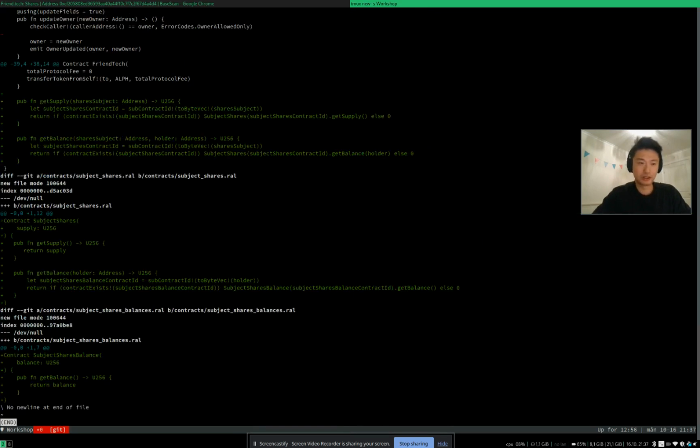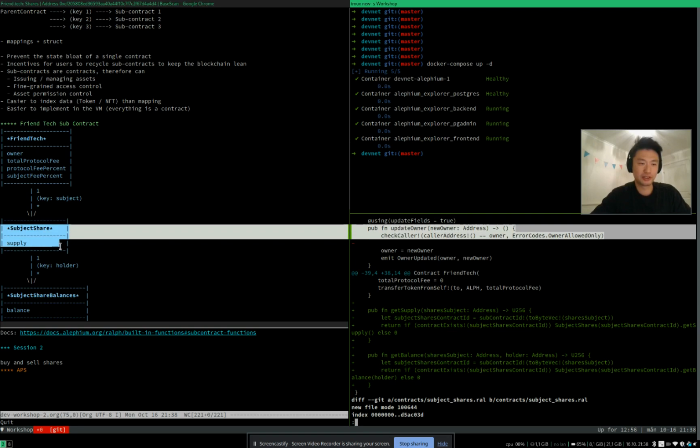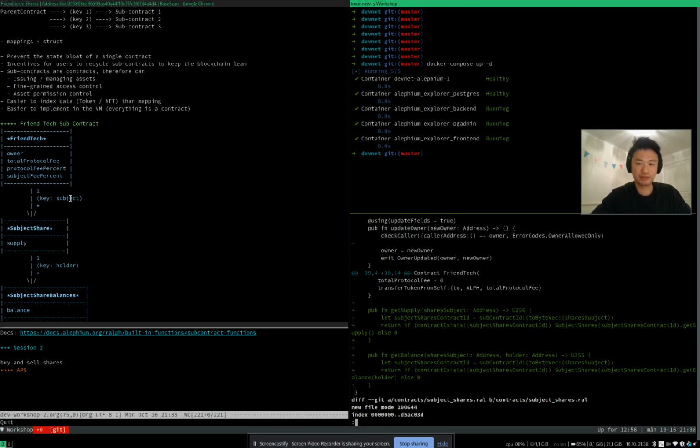So if you look at the code, it basically calculates the subcontract ID using the same built-in subcontract ID function, and it checks whether this contract exists. If it exists, it calls the get supply function that we have implemented here. Otherwise, it returns 0. And for get balance, it's the same. It checks whether we have the subcontract for this particular subject.